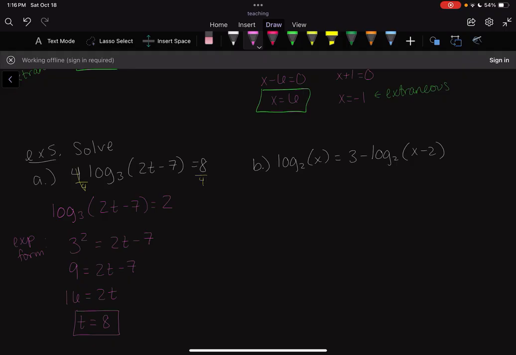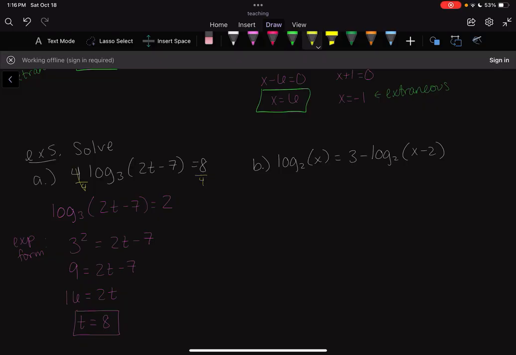And you can always plug it back in to check it, but as long as we don't get a domain error, it's probably fine. For my next one, again, I have multiple logs happening, but I have a number outside of the log. So that tells me I need to move to exponential form, but before I can do that, I need to combine these logs into one.